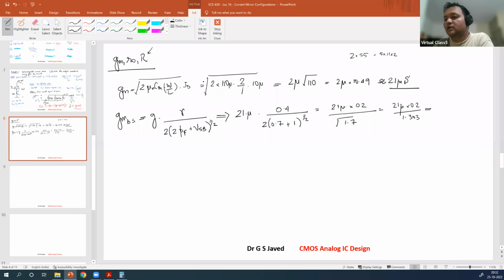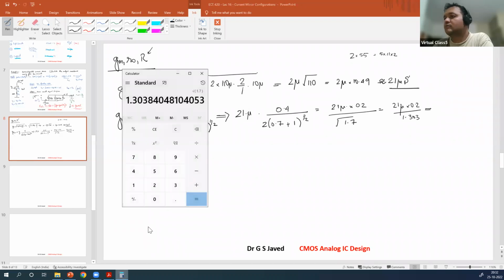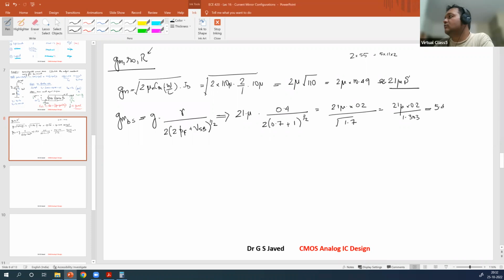That value is given as 21 into 0.2 into 1.303. As 5.47. 5.47 micro. Okay. So now that we have these two values, we will find out what is R naught.